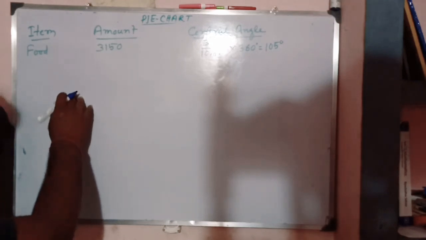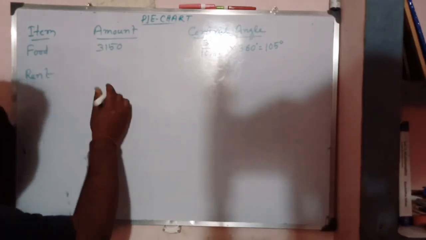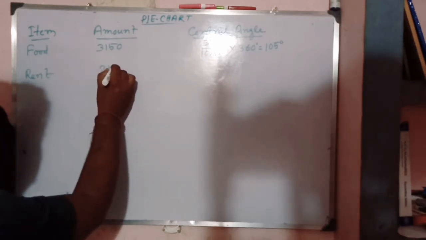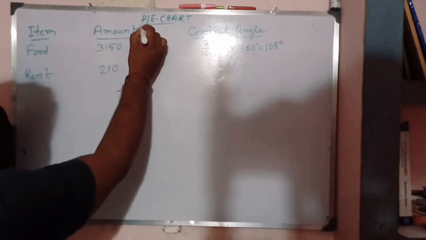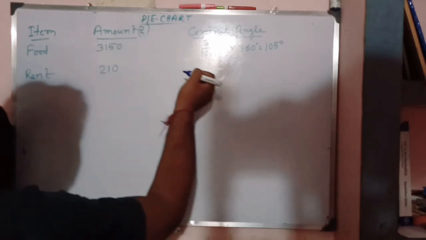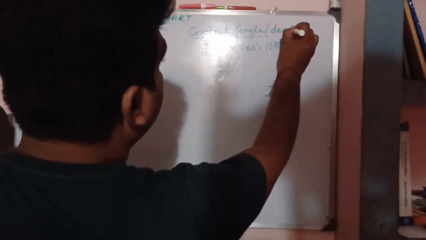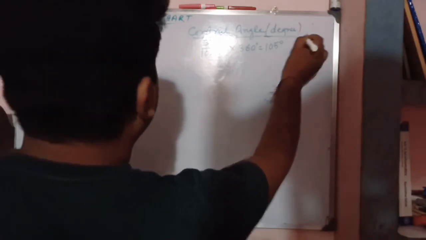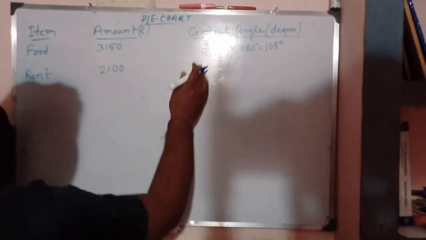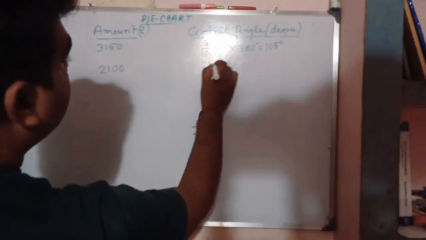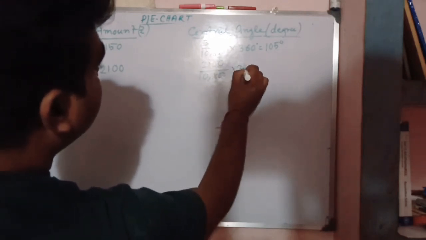Similarly, for rent, the amount is in rupees, and the central angle in degrees. Rupees 2100: 2100 divided by 10,800 into 360.